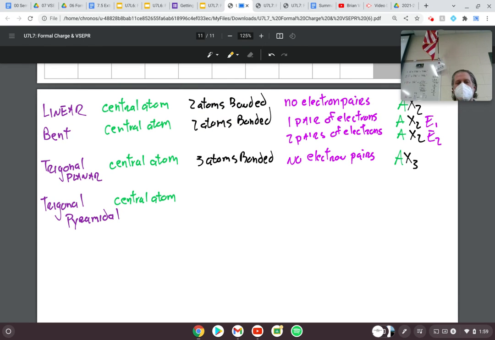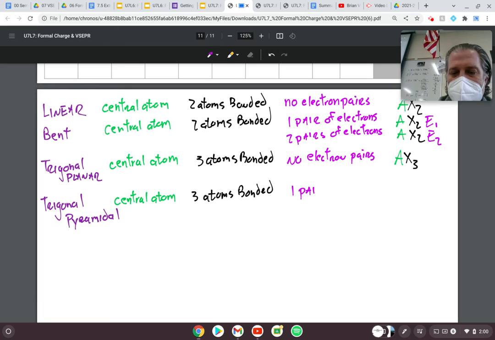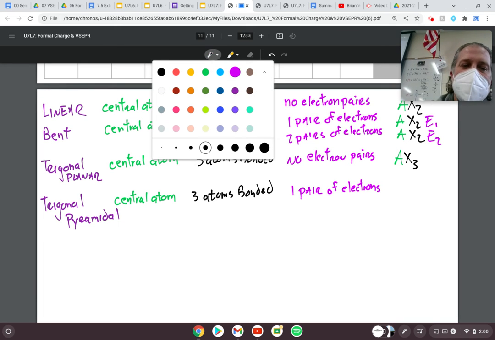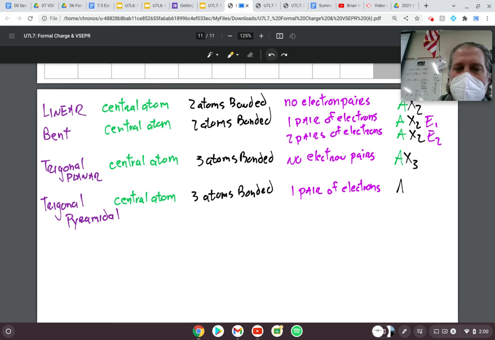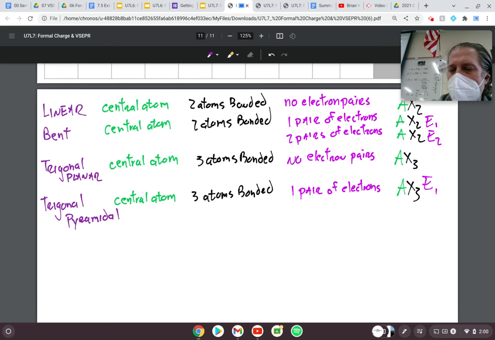This time, this structure has one pair of electrons on it. So this is an AX3E1.